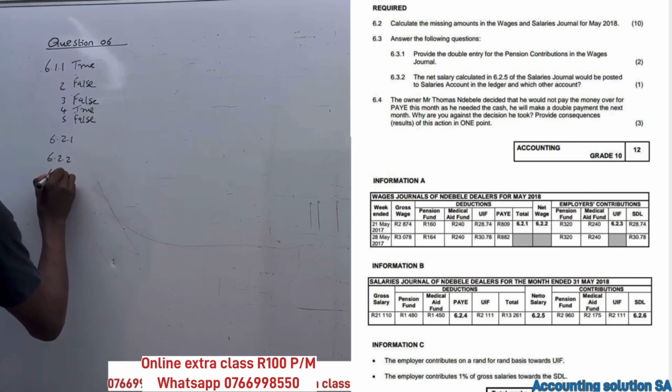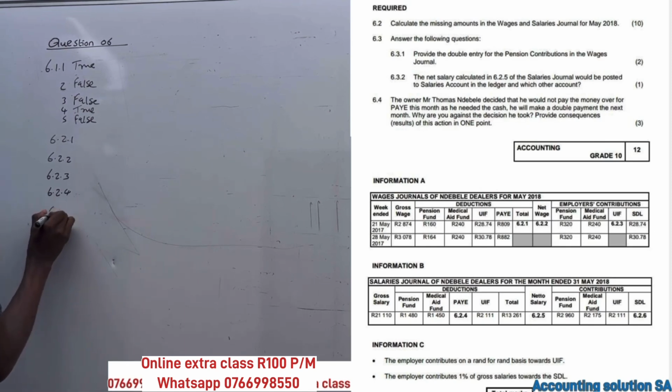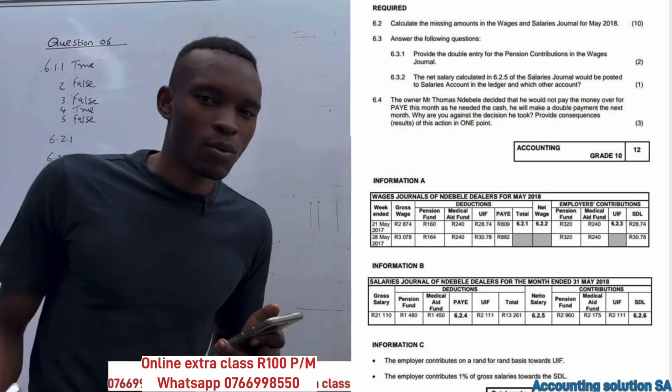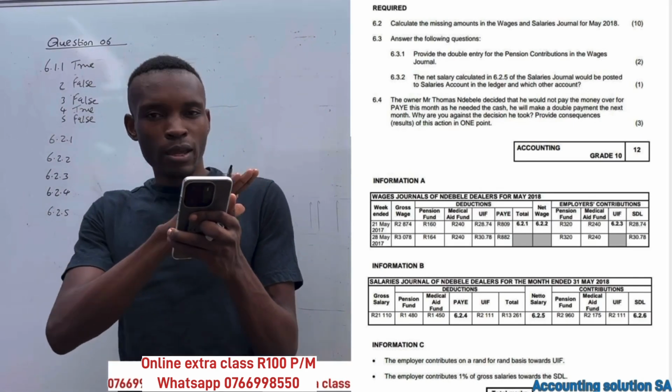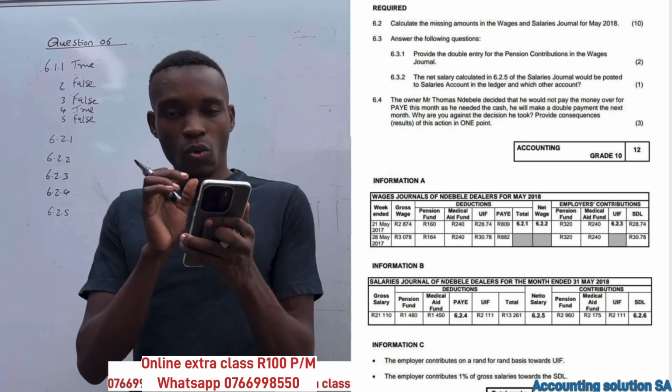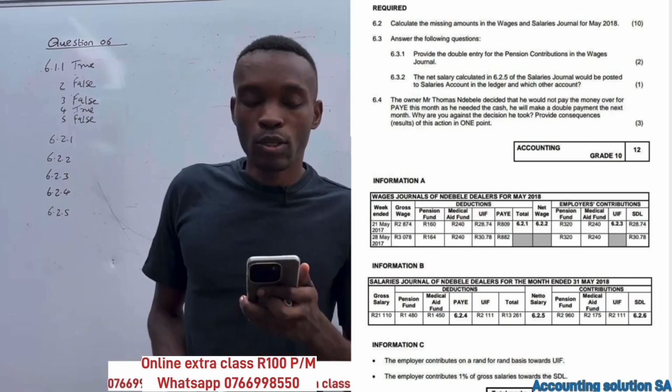We have 6.2.3, and we also have 6.2.4 and 6.2.5. So in other question papers, guys, like the one I did in the previous video, we were required to calculate everything. So make sure that you also know how to calculate everything so that you will be able to answer this one as well.